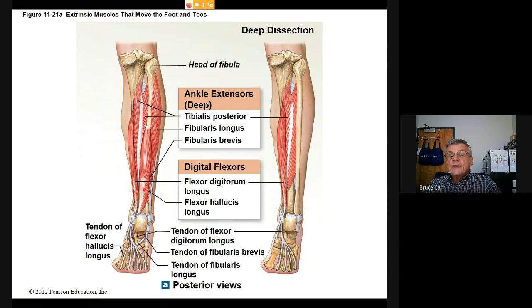Remove some of these, and you see even deeper muscles. The Tibialis Posterior, you'll notice, bridges its attachments between the tibia and the fibula, and then is going to basically cross out of this complex in order to produce its principal motion.